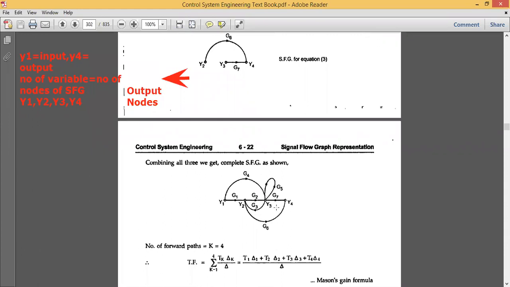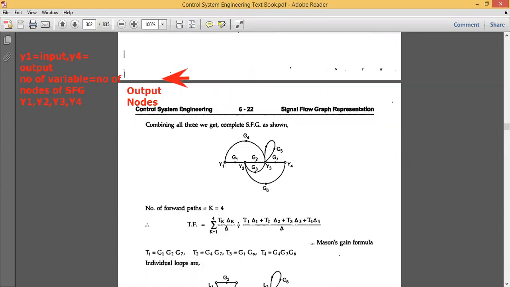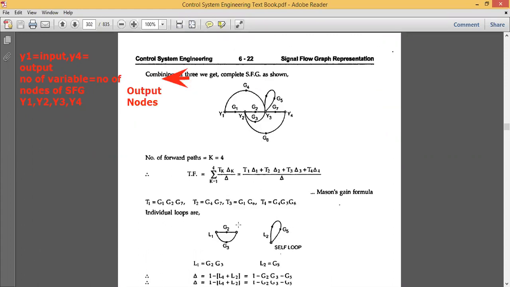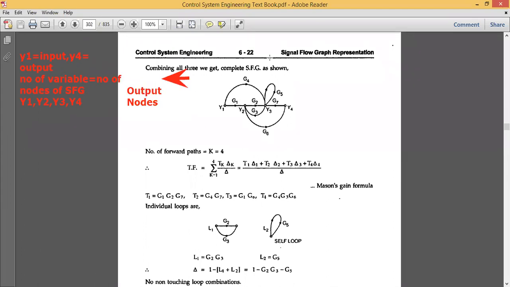Once you get the signal flow graph by combining all the equations, you should find the forward path. Here the problem starts with finding the forward path. To find it, the straight line is always the first forward path.